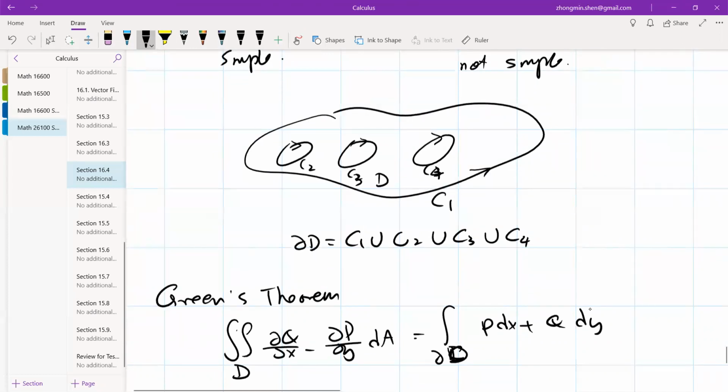And this theorem is used to show that the vector field is conservative.